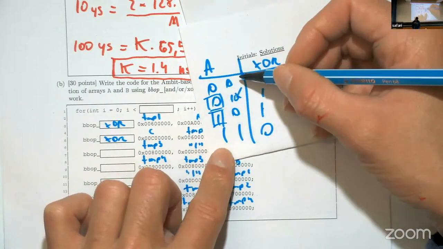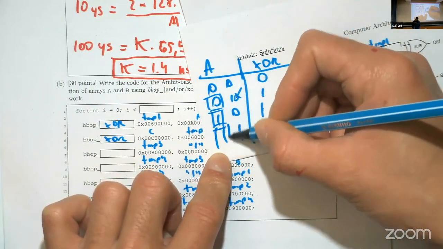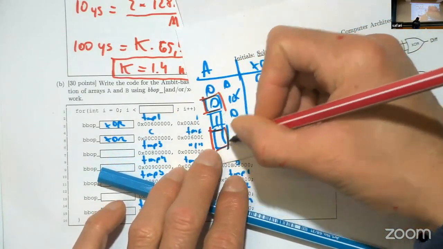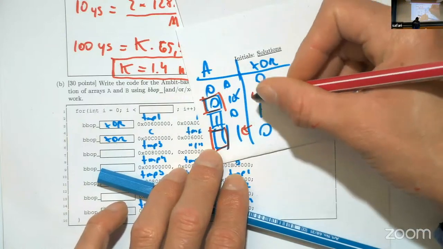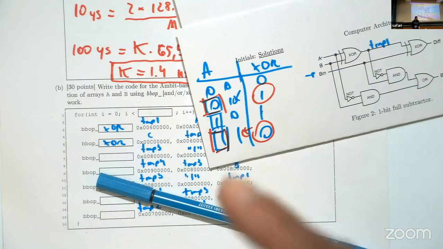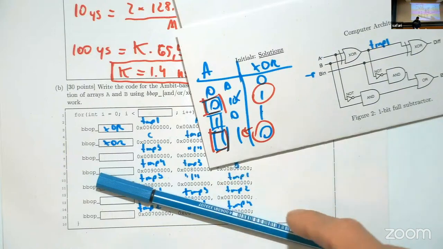I highlighted the wrong place here, it is here. This one and this one. And one here, one here. You're going to see the output is the negated value of A. So this is the trick of this question, is to figure out that you can do NOT using XOR.